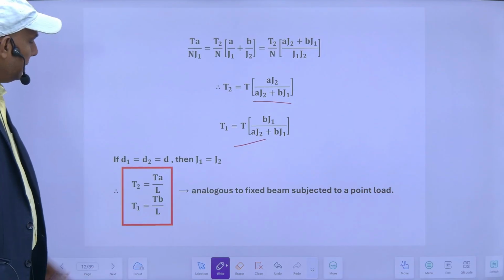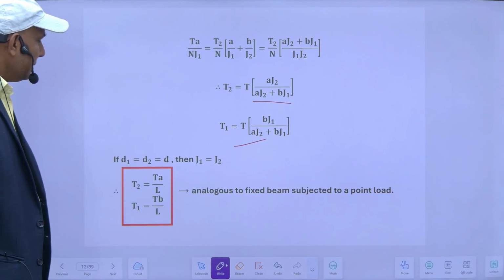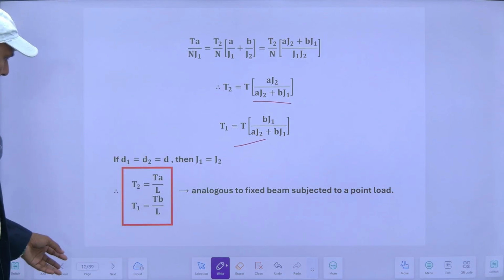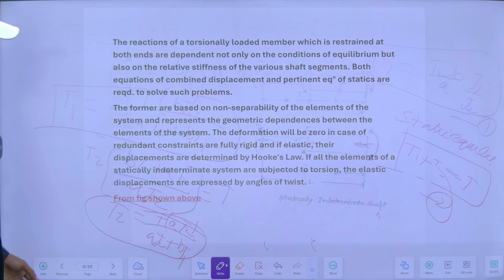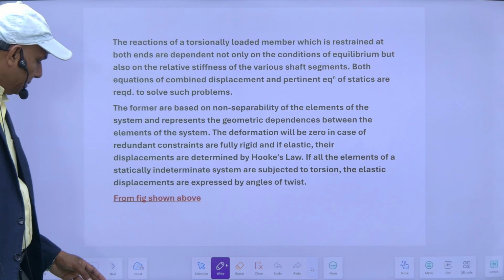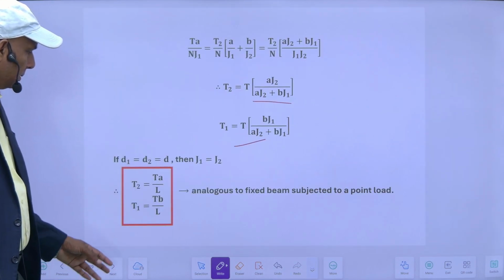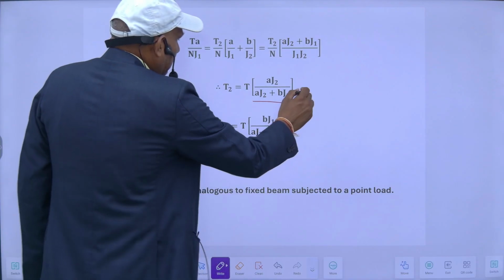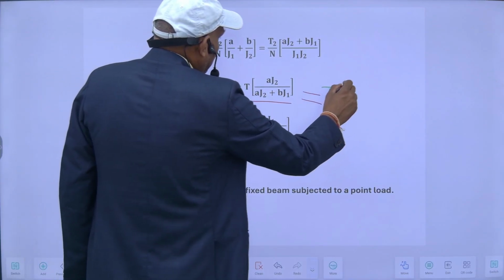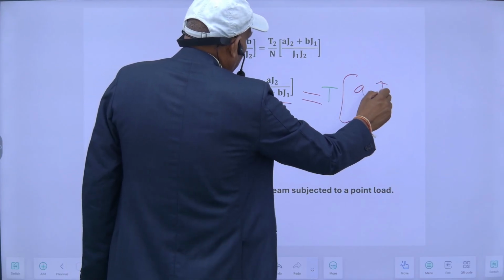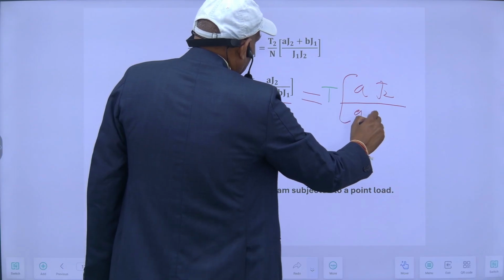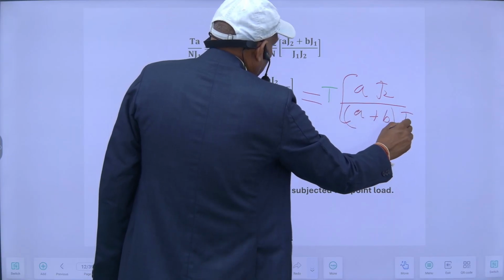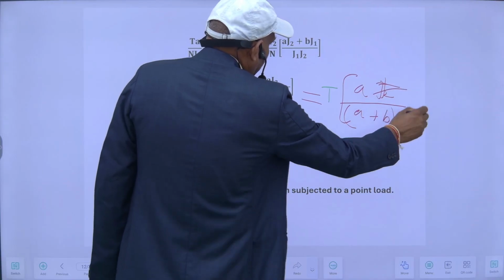So if the diameter is the same, if D1 is equal to D2, suppose both have the same diameter, then it will be T into A J2 upon A J2 plus B J1. J1 and J2 are equal basically, so J and J will cancel each other.